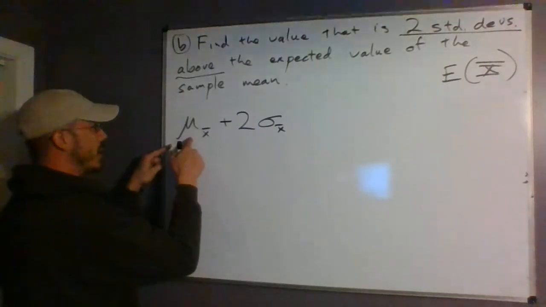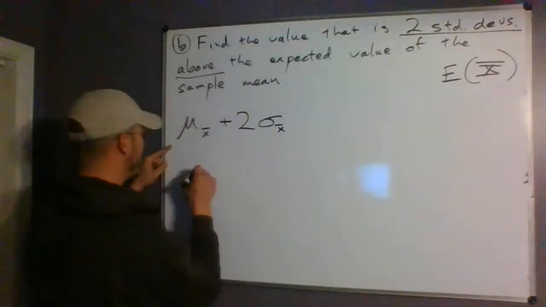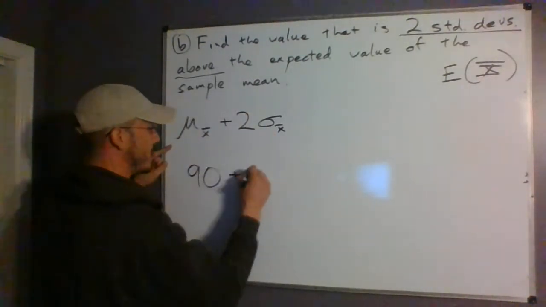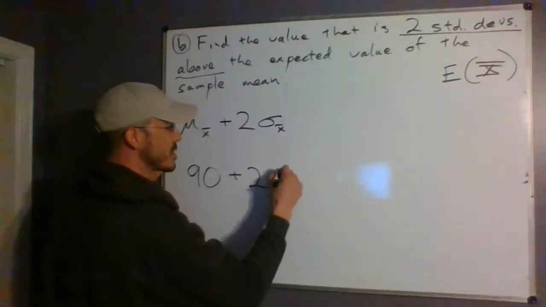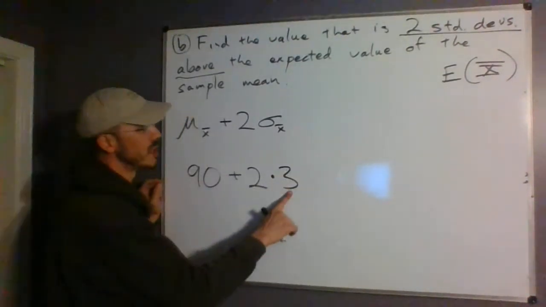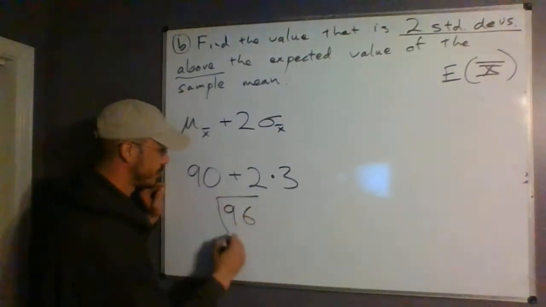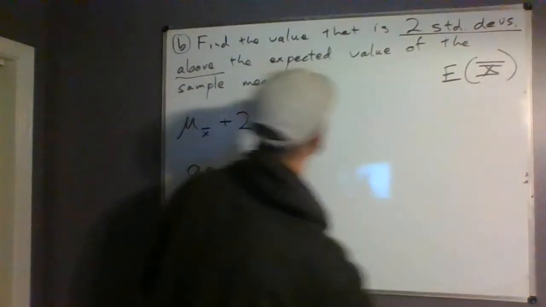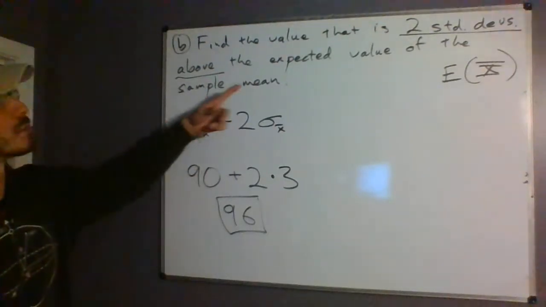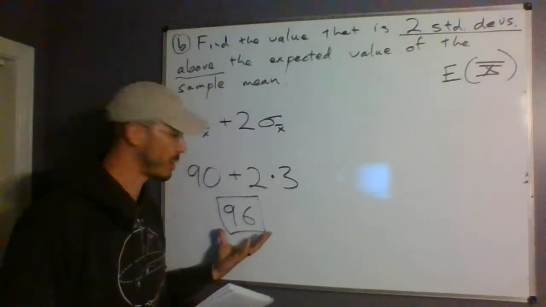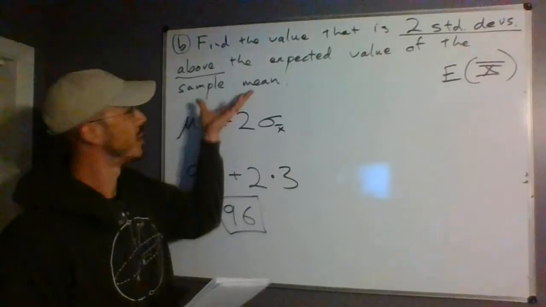That's 90 was the mean, plus 2 times 3. Because 3 was the standard deviation of the sample means, and that's 96. So 96 is 2 standard deviations above the expected value, or the average of the sample means.